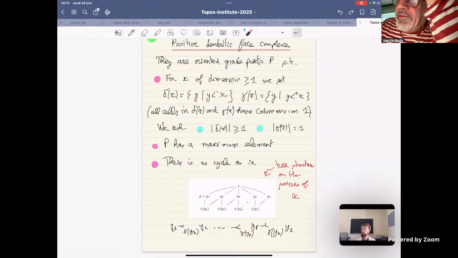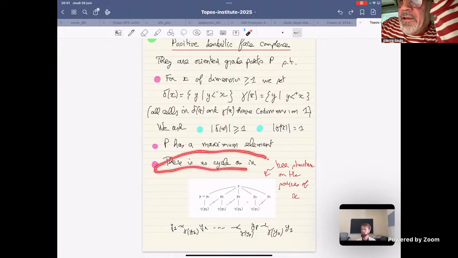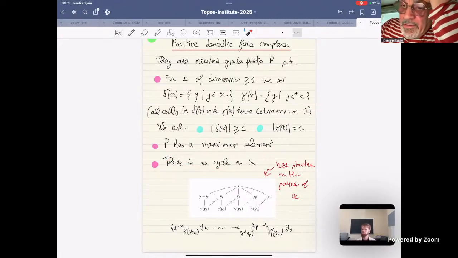The set of targets is just cardinal 1, and the set of sources is at least 1 because we are positive. Then the poset should have a maximum element. And finally, there is no cycle in the following relation, which we already saw.